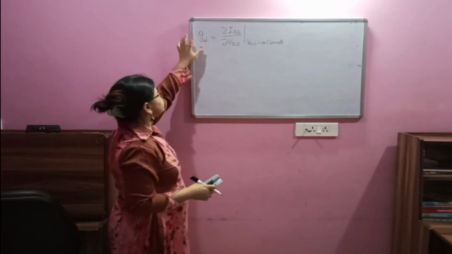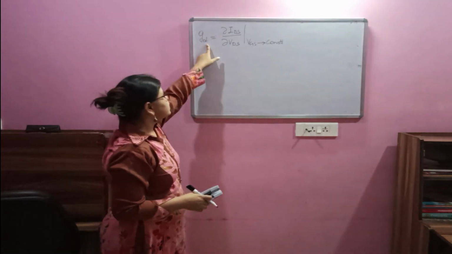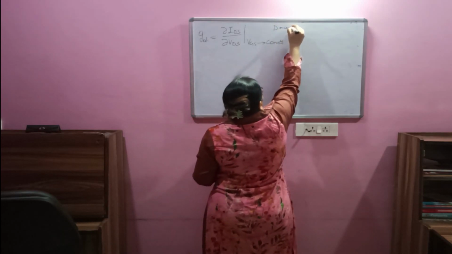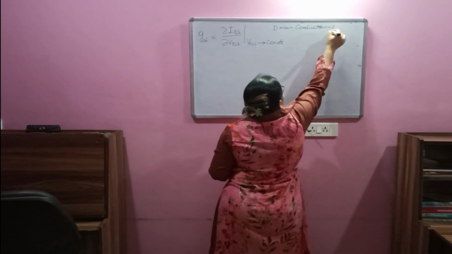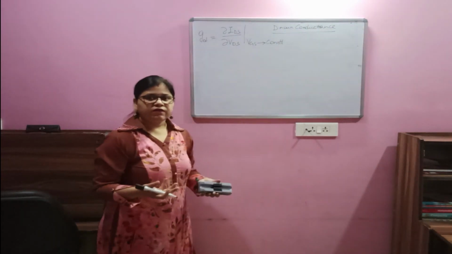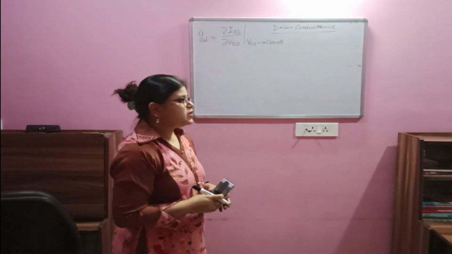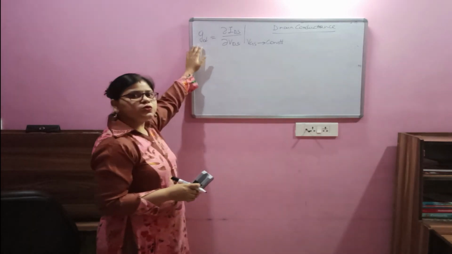It is denoted by small g with the suffix small d. This will have a higher value in the linear region, yes, because it has a linear slope, and in the saturation region it results in 0.